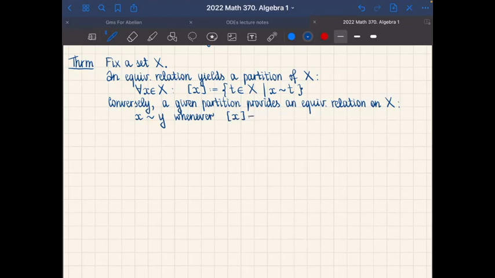So the cell containing x is the same cell that contains y.